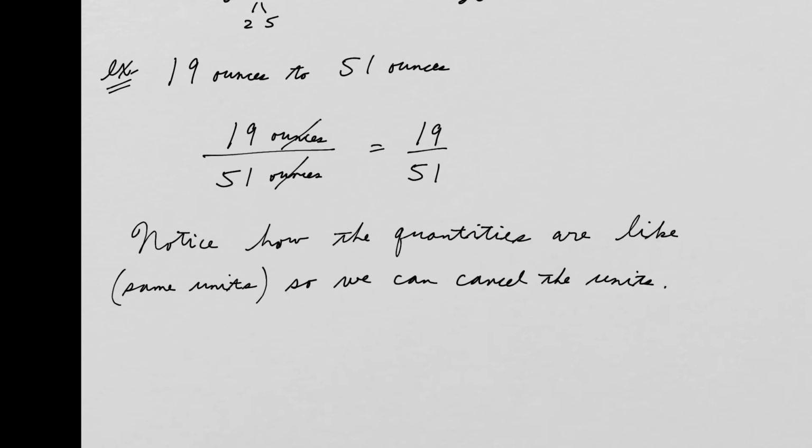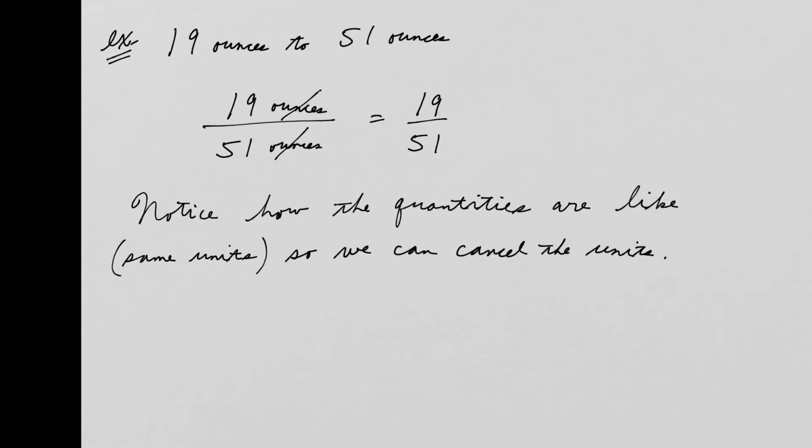What if you want to find the ratio of two things where the units are not the same? So that's called something slightly different. It's called a rate. So let's talk about that a little bit. So a rate, I'll start a new page here. A rate is a ratio of unlike quantities.